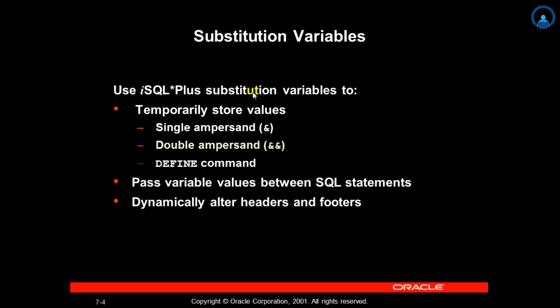The same principles can be used to achieve other goals. For example, dynamically altering headers and footers, obtaining input values from a file rather than from a person, passing values from one SQL statement to another. SQL*Plus does not support validation checks except for data type on user input.